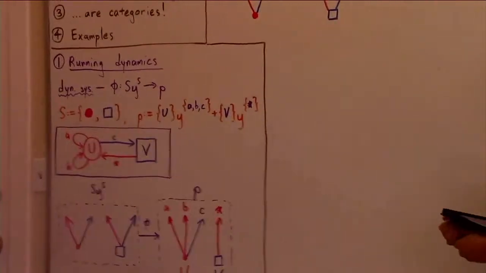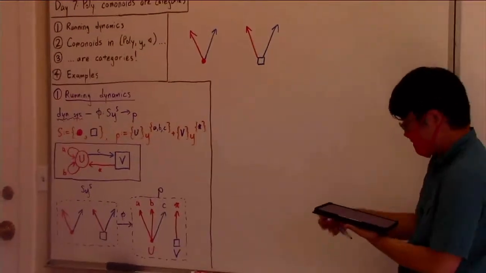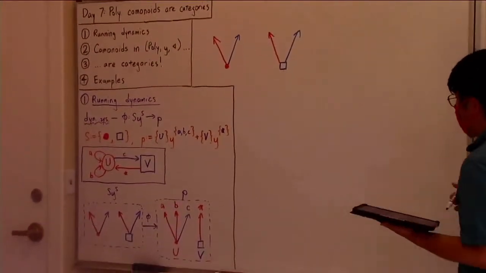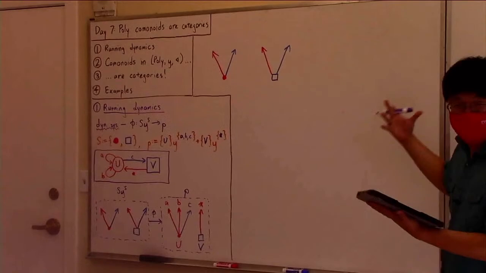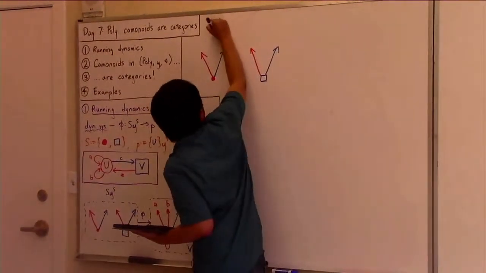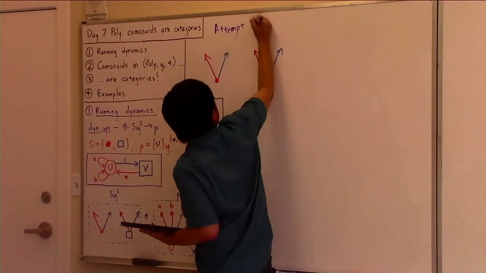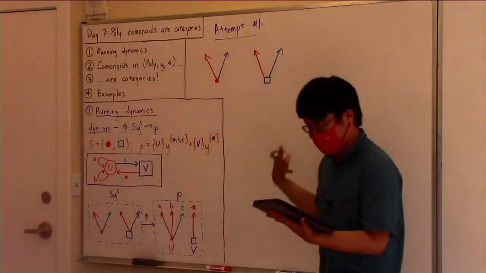Well, what's a way that we know how to associate positions with directions? We've talked about one way to do that, and it's a situation. So this is going to be our first attempt to address this missing structure.